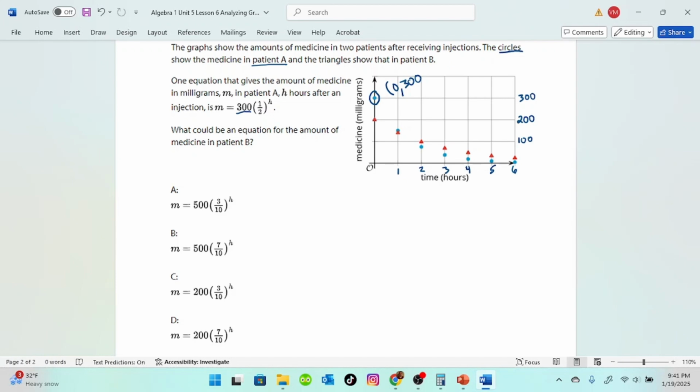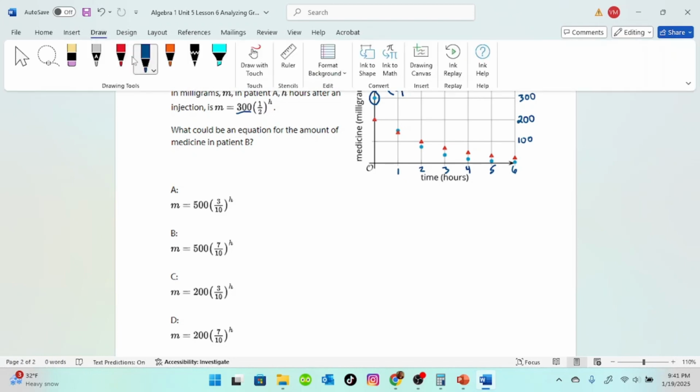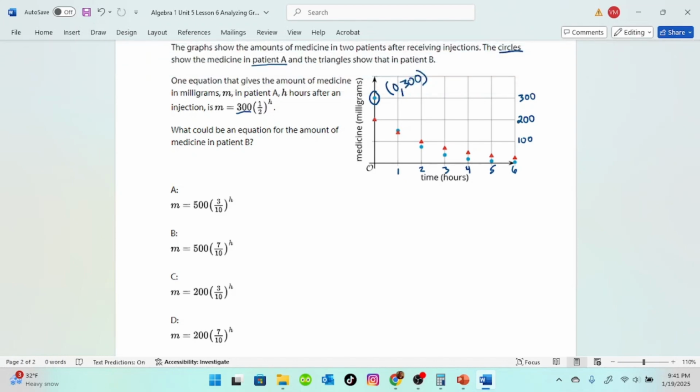So, my first piece of information is that if this is 0, 300, then we can assume that the other vertical intercept, the triangles, are patient B, then this must be 0, 200.